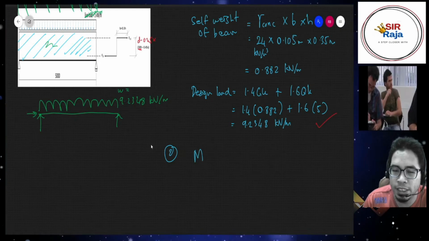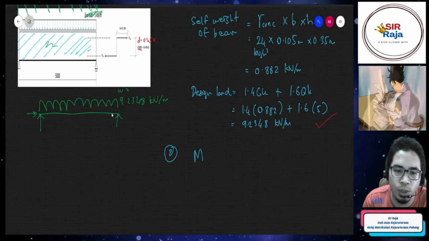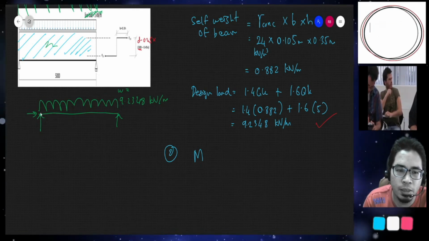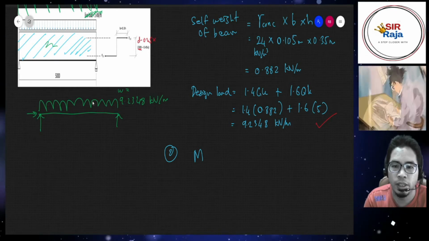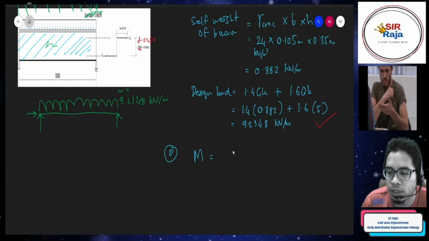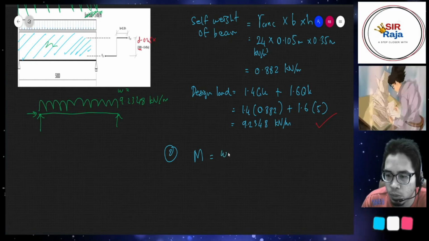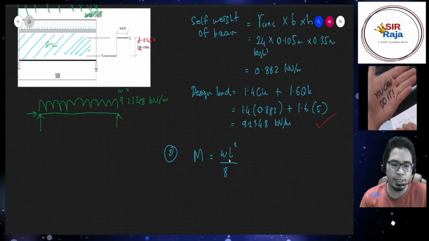When we have a simply supported beam with one UDL throughout along the beam, meaning it fills all the beam, therefore M is WL square divided by 8.